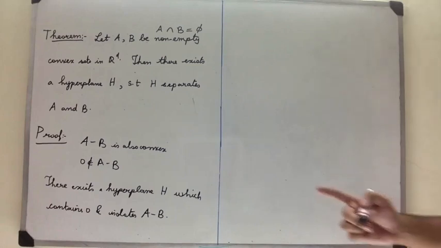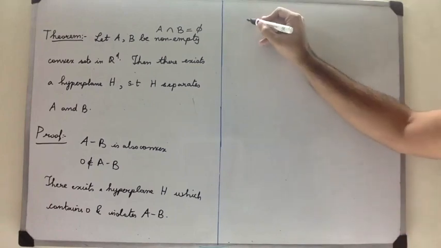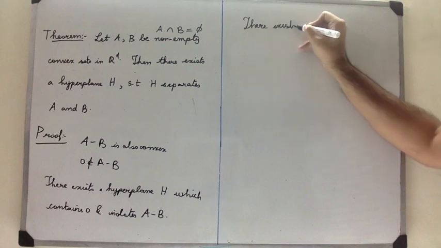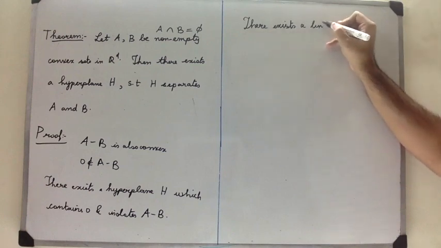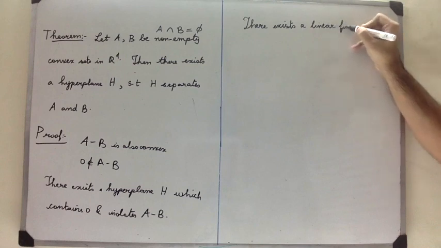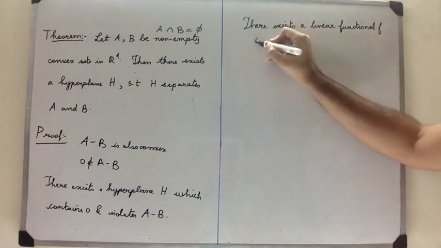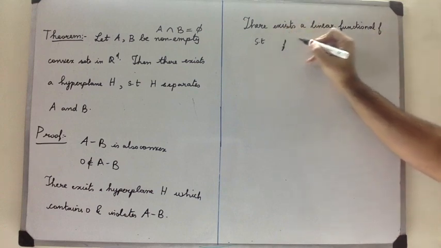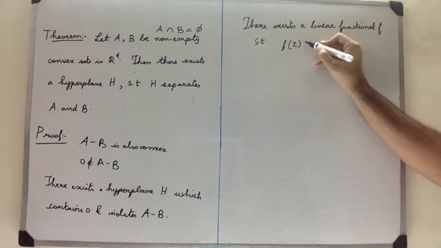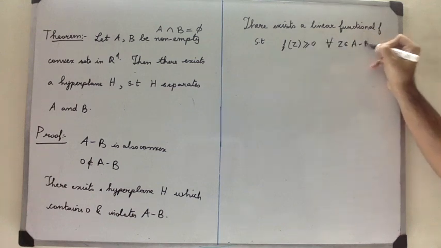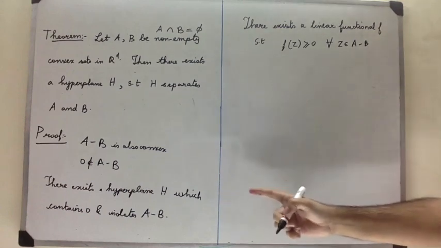The existence of a hyperplane means that there exists a linear functional f such that f of z is greater than or equal to 0 for all z element of A minus B. This is from the definition of hyperplane.